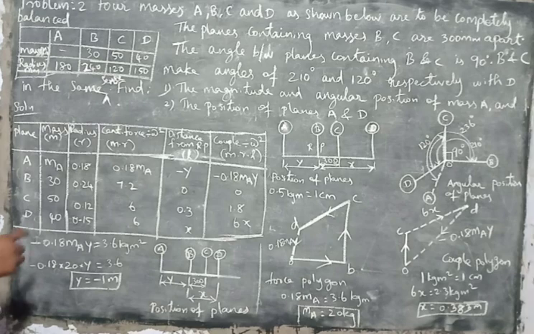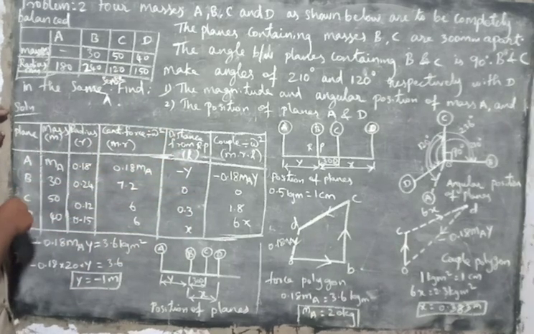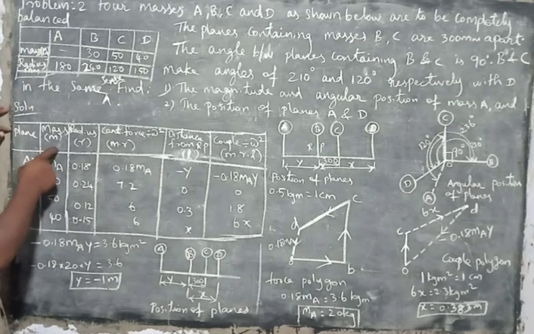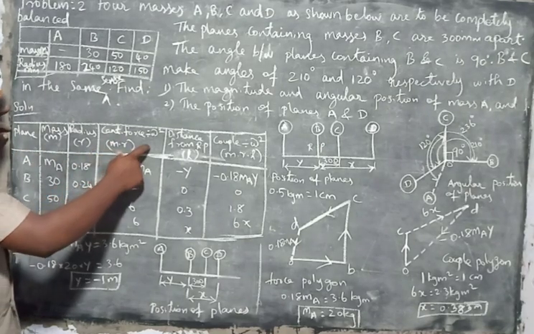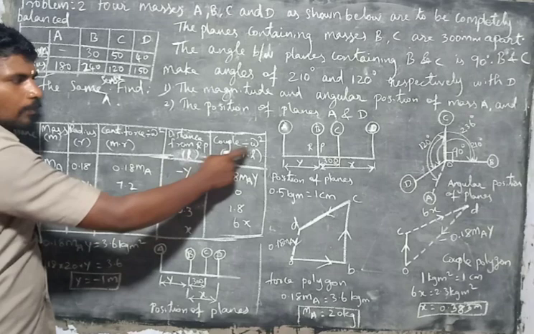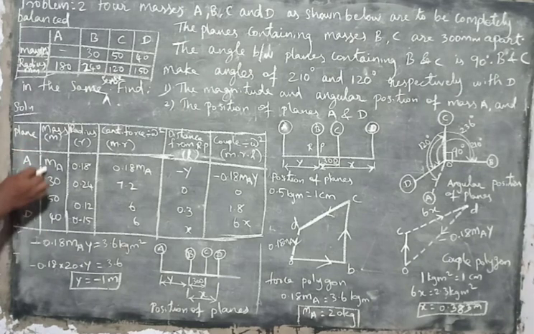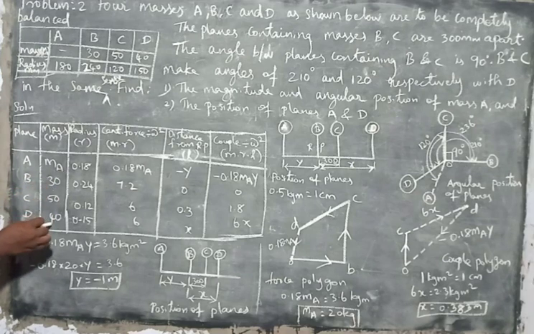For that, I am going to draw a tabular column. Columns: plane, mass, radius, centrifugal force per omega square, distance from reference plane, couple per omega square. Here we know the planes A, B, C, D, so directly we can write the masses. Mass A we don't know, so MA. Mass B 30, C 50, D 40.